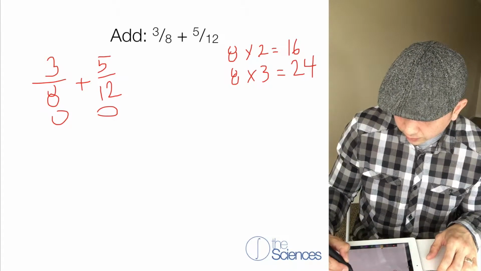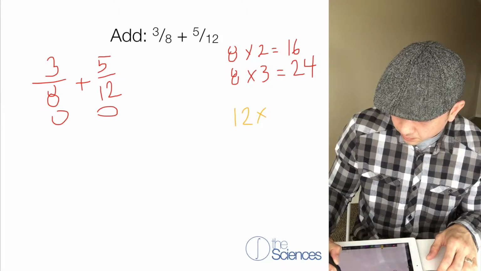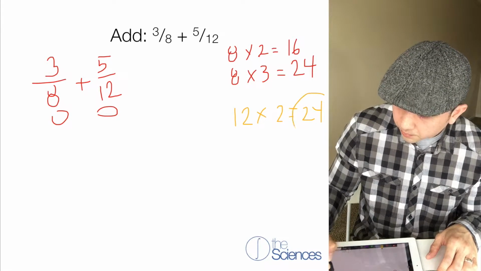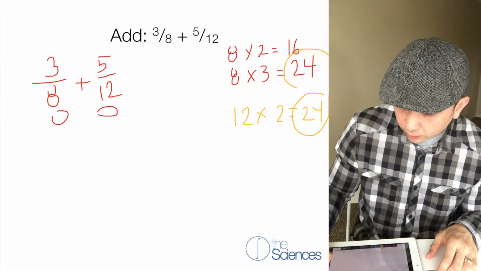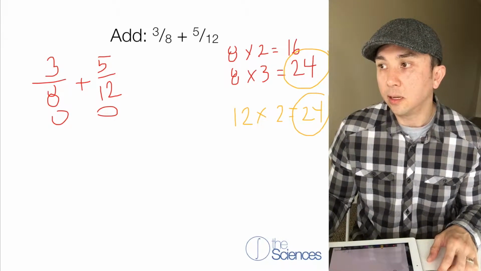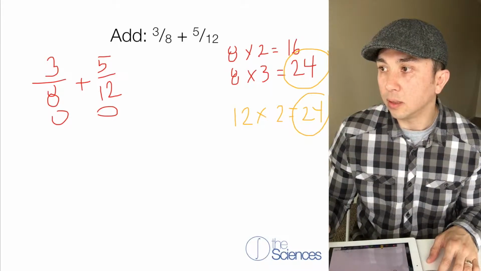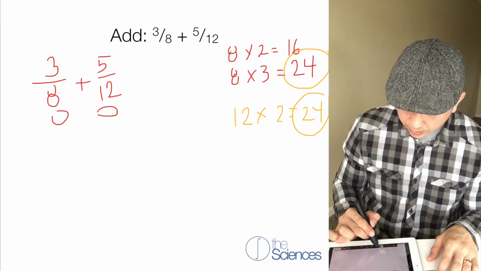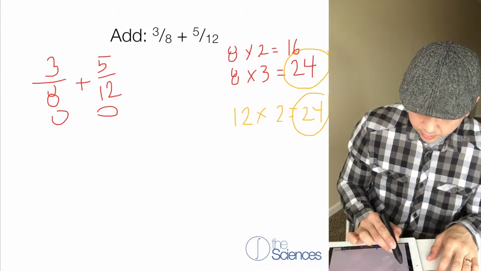Now let's see what 12 has. 12 times 2 equals 24. Well, boom. We see 24 here, and we see 24 here. So that means 24 is their least common multiple.